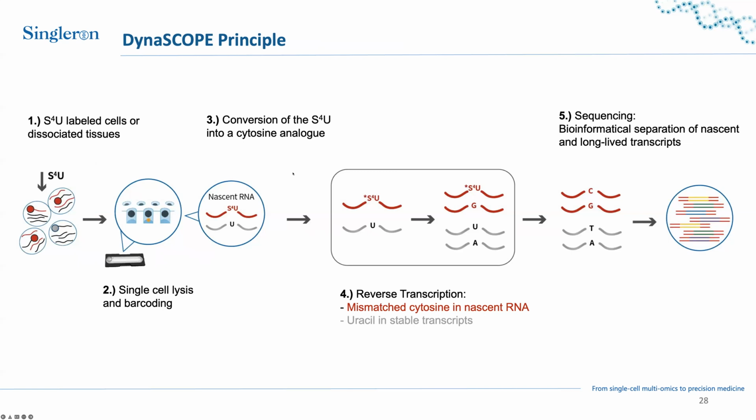The S for U is converted into a cytosine analogon, and this is how you later have a mismatched cytosine in nascent RNA, whereas in stable transcripts you will still have the uracil. Then after sequencing, through bioinformatic analysis, you can separate the nascent and the long-lived transcripts.